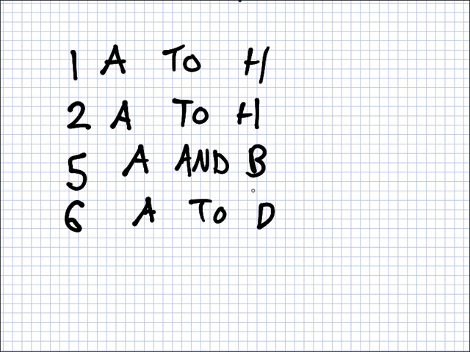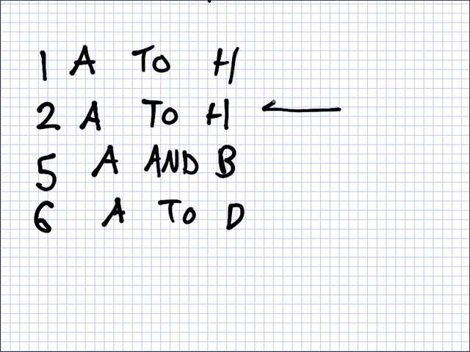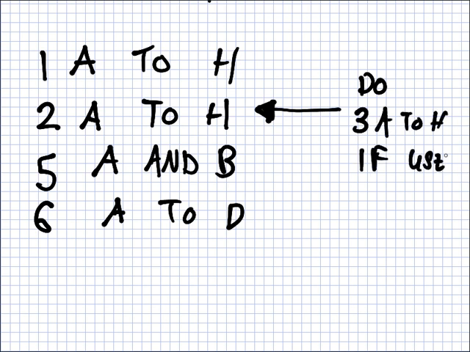Okay, so you have a choice here a little bit. If you use your calculator to do question number 2, then you must also do question number 3. But if you don't use your calculator to do question number 2, then you don't have to do number 3. So you only do 3A to H if you used a calculator in question 2.